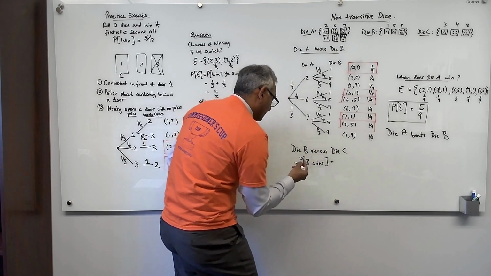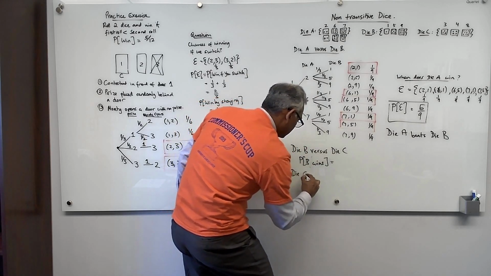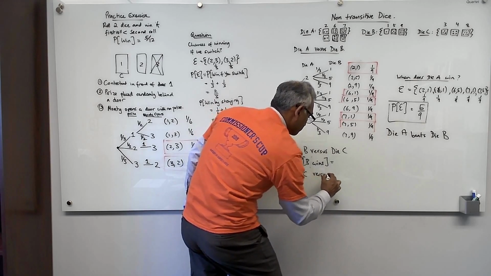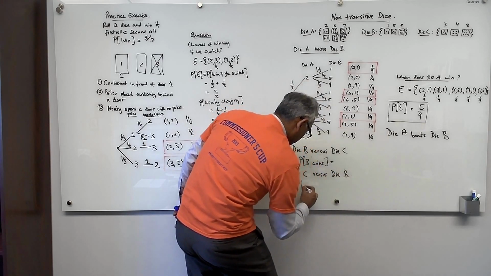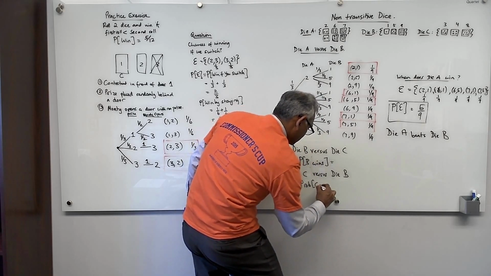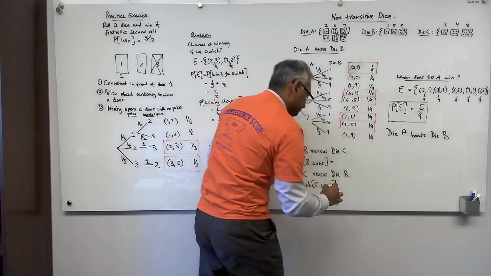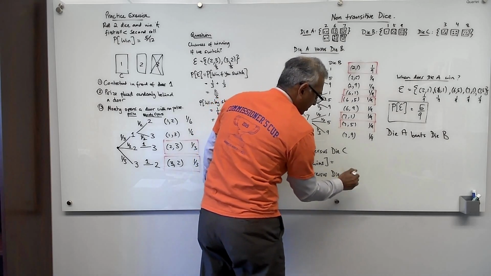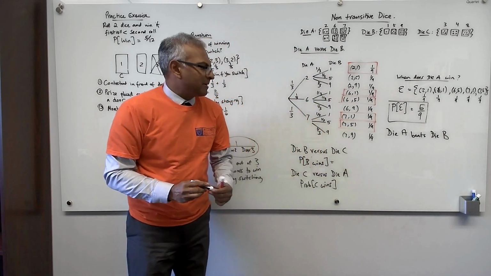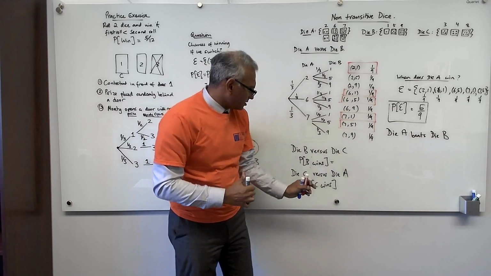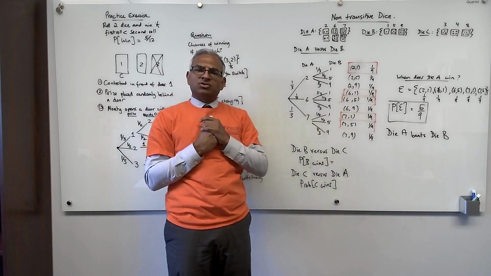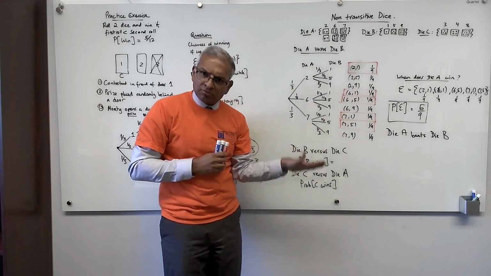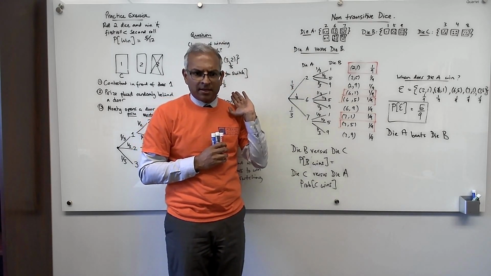And then die C versus, oh, die C versus die A, sorry. What's the probability that C wins? So that's all three battles, A versus B, B versus C, C versus A. Okay. So pause the video, take as much time as you want to compute these. Good practice, okay? And I'll give you 1, 2, 3 seconds.